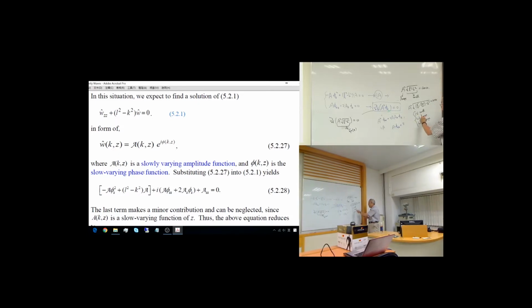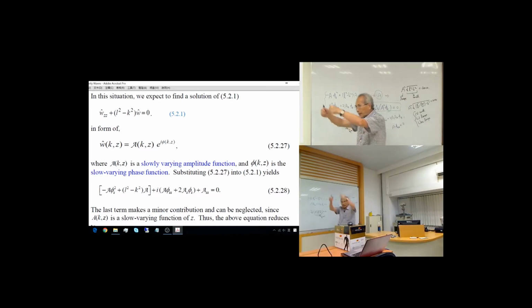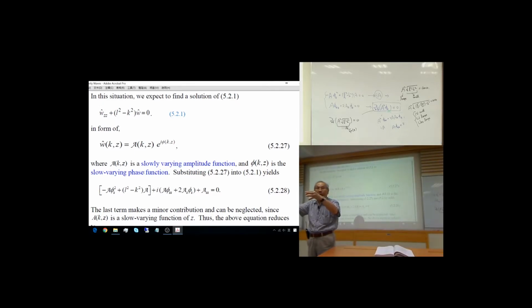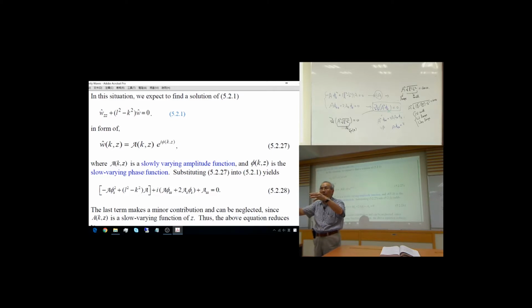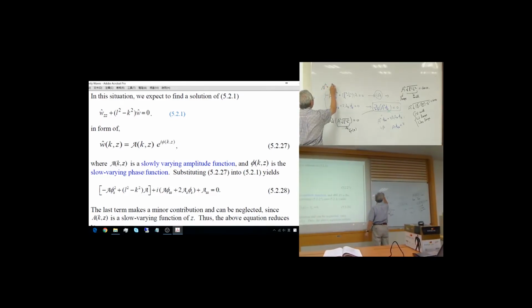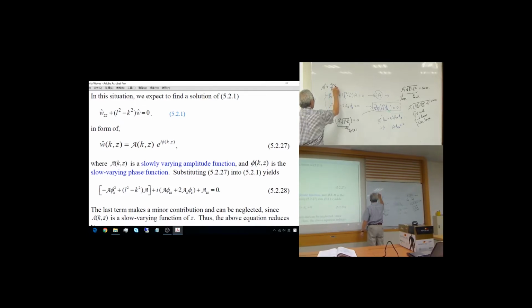When the wave propagates vertically to a place where you have weak stratification, weaker stratification, that means, remember, n square is equal to g over theta, times d theta dg. So weak stratification.